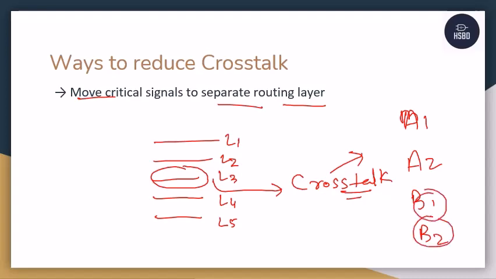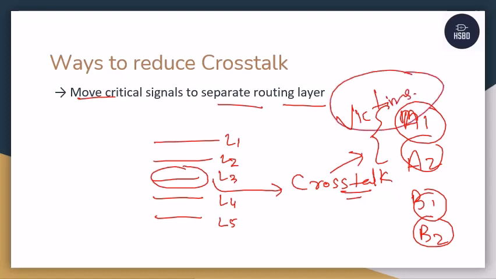If your critical signals are A1 and A2, which are the victims here, then in order to reduce the crosstalk, try to put them in some different layer, maybe in layer 2 or in layer 1. This will definitely reduce the crosstalk on the important signals, that is A1 and A2 in this case.